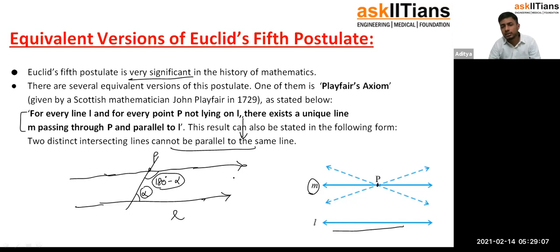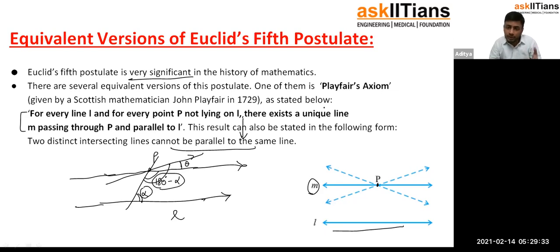How will we prove that this is unique? Let us say there exists another line which is parallel to this line. Then we can say that if this angle is theta, then this complete angle plus this complete angle should also give us 180 degree, and thus we can prove that theta will be equal to 0 degree.